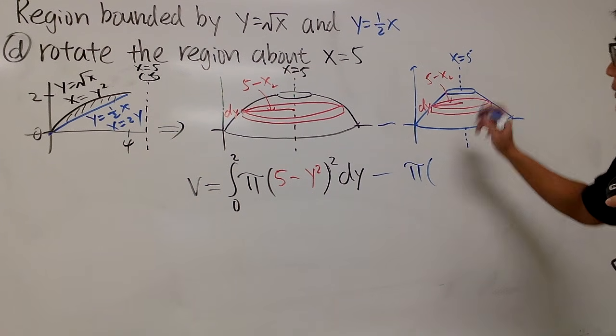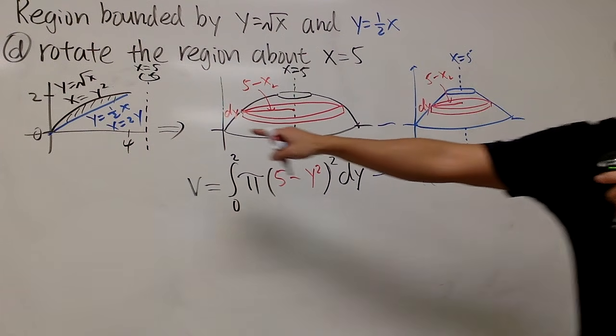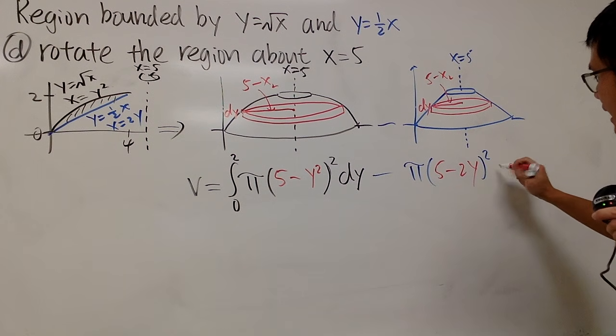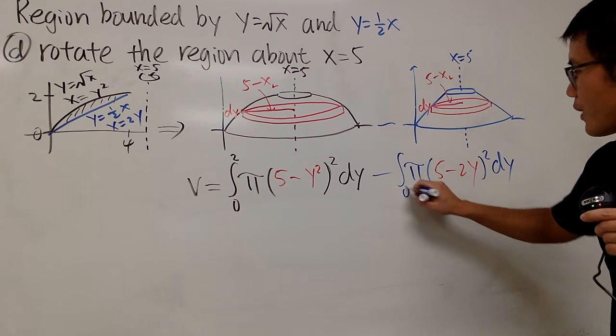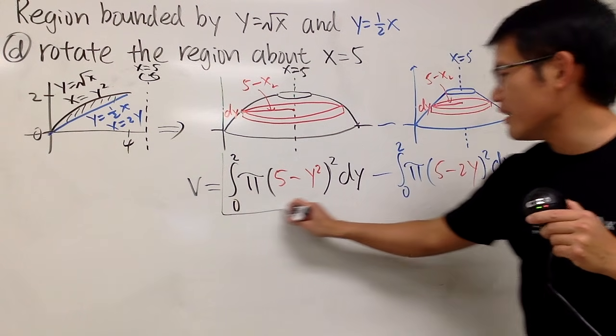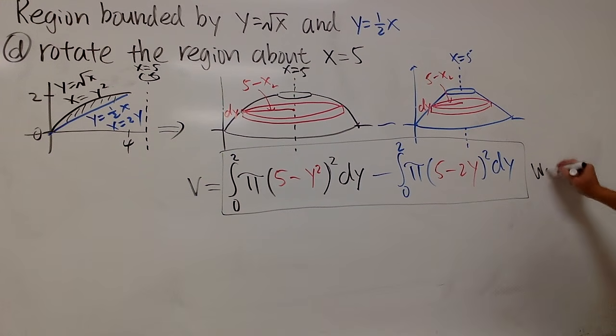Pi is pi, and we have 5 minus 2y. Then we square that, then dy, and then we integrate this from 0 to 2. So congrats, this right here is our washer method.